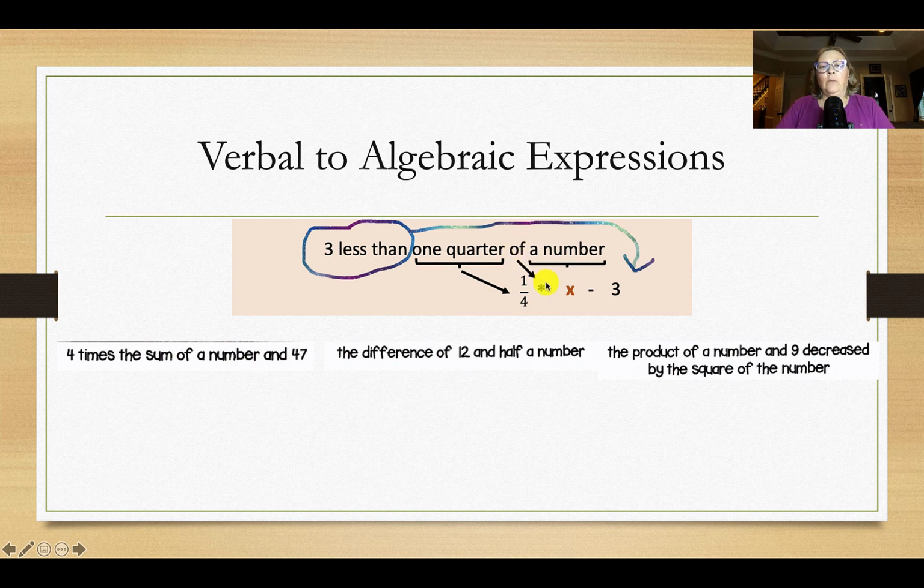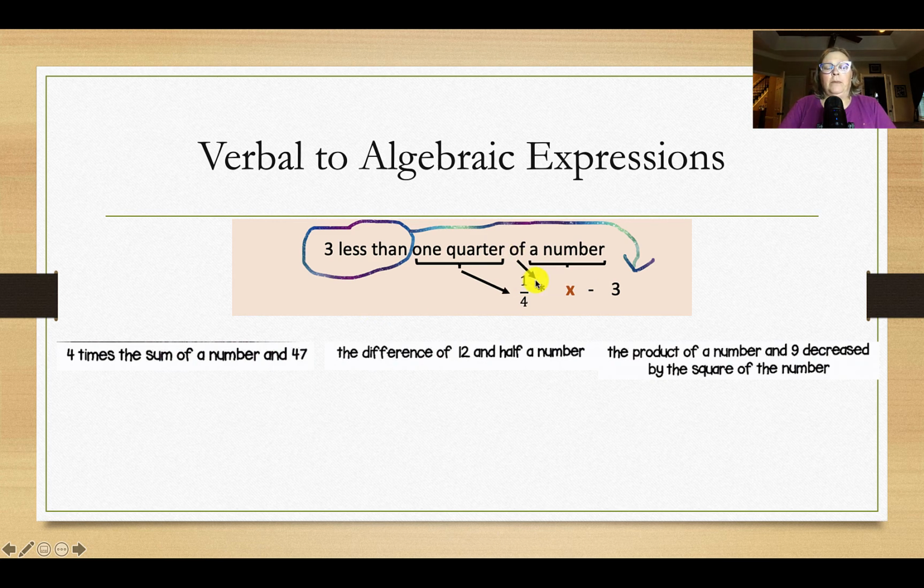So I know right away that I'm going to be taking 1/4 of, or times, a number x. All right, so going back to the big statement, I want 3 less than 1/4 times x. I'm going to turn around and put minus 3 over here because that'll take me 3 less than.